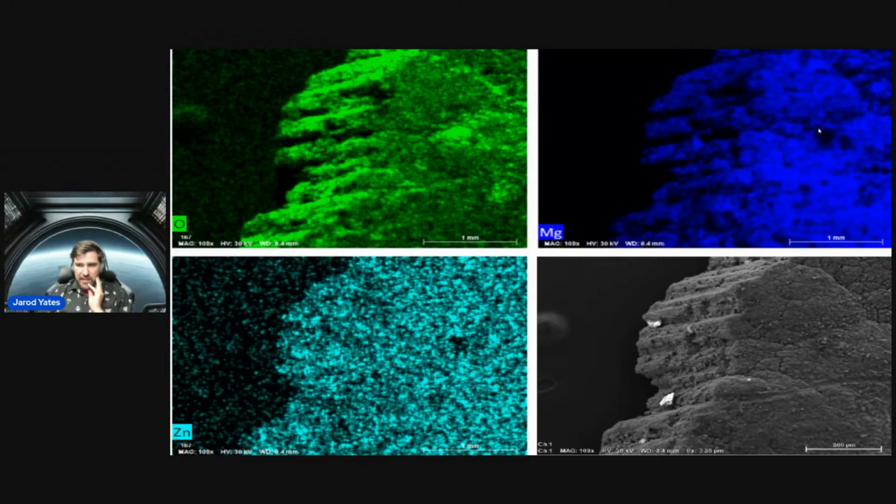You can see we have a lack of magnesium in that spot, and we have a lack of zinc in that spot. Also note how the zinc is very thinly distributed. If you've looked into the sample at all in the past, you'll note that Linda Moulton Howe and company noted that there was something like 97% magnesium, like 2 or 3% zinc, right? So there's a lot less zinc than magnesium in this sample.